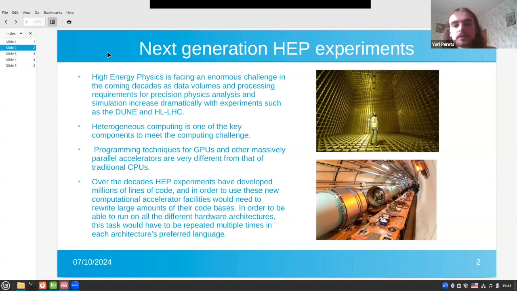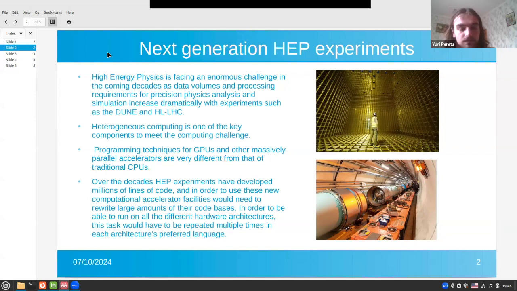But there is also a problem. The programming technique for GPUs, which are parallel accelerators, is very different from that of traditional CPUs. Each of them has its own language, and to write code, you need to understand the hardware architecture.